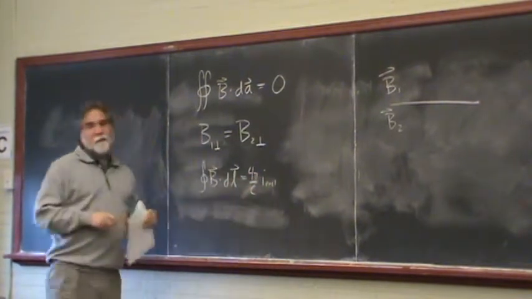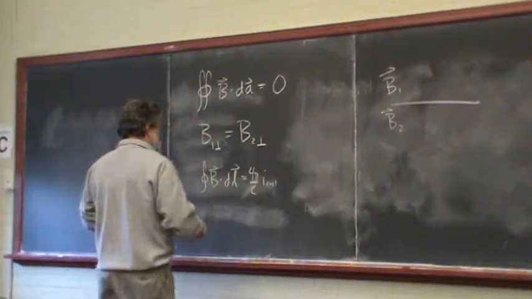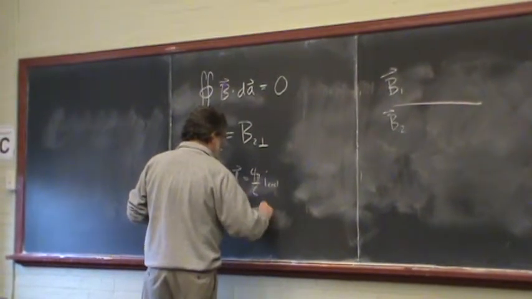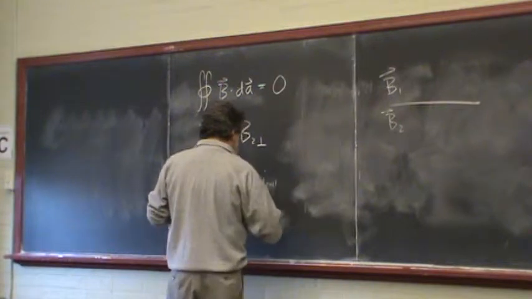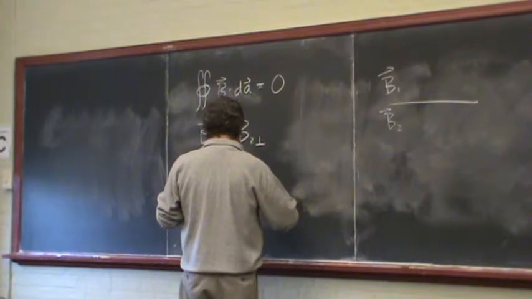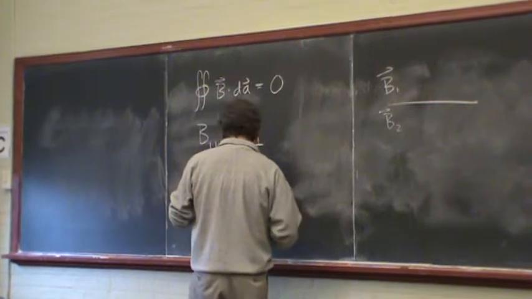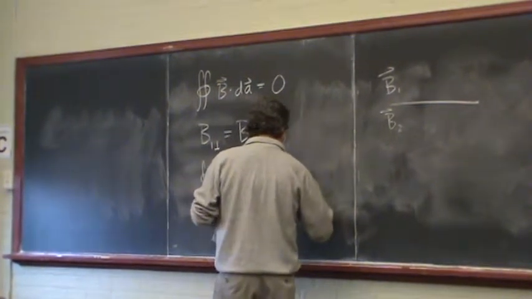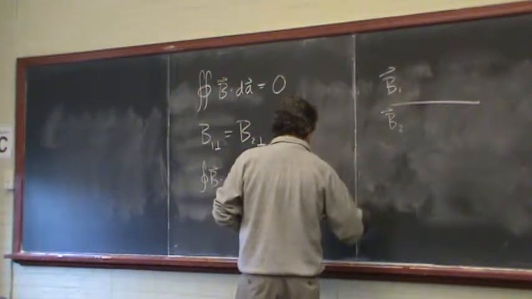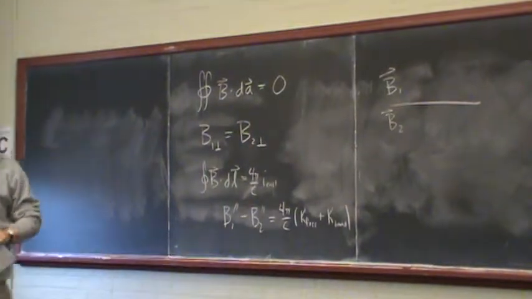So B1 parallel to the surface minus B2 parallel to the surface is going to be equal to, I'll keep the 4 pi over c, but I'm not sure that it belongs there, the free surface current plus bound surface currents for the interface.